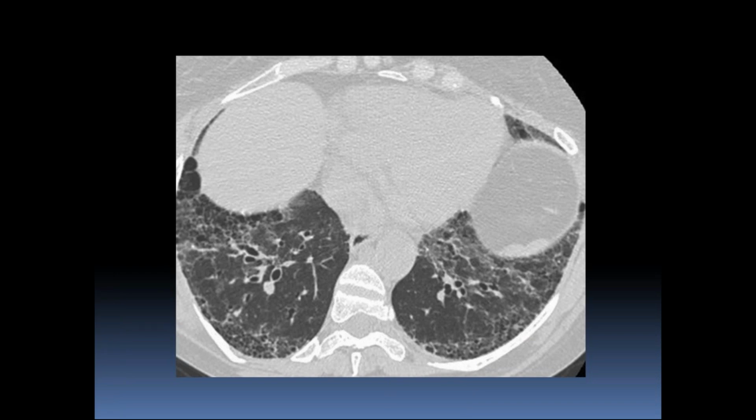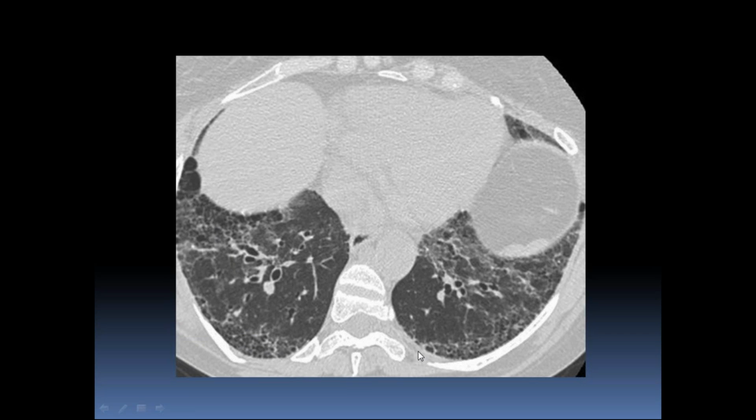One of the things that you can take a look at when you're getting a case, whether it's just out of the blue or you get a little bit of history as far as any kind of collagen vascular disease or something like that, or chronic lung disease, you can see that there's bronchiectasis. You have that signet ring sign where some of the airways are larger than their adjacent vessels. You can see the reticular changes and some of the thin-walled cystic changes along the periphery.